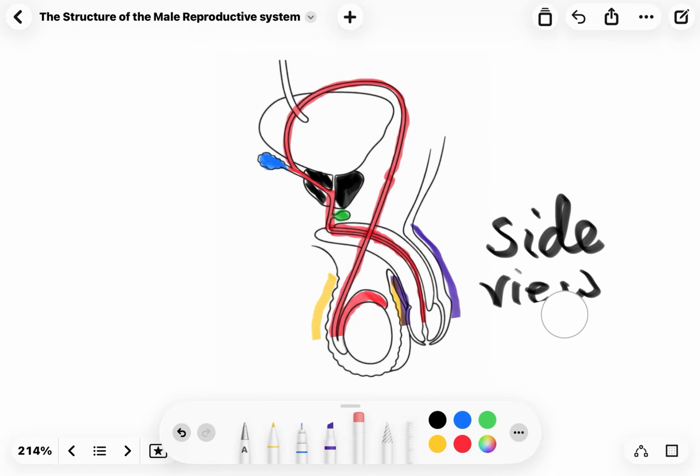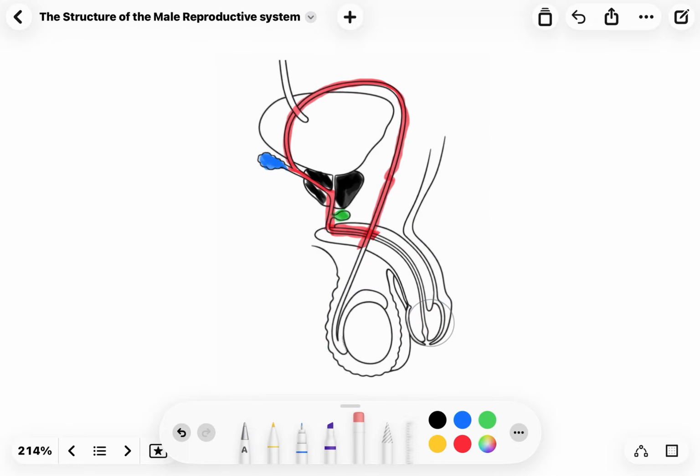Now that we have looked at a little overview of this system, let us now look at the detailed structure of the male reproductive system. And we are going to do so by identifying the different parts that we find in this system, and then we provide the functions for the identified parts.